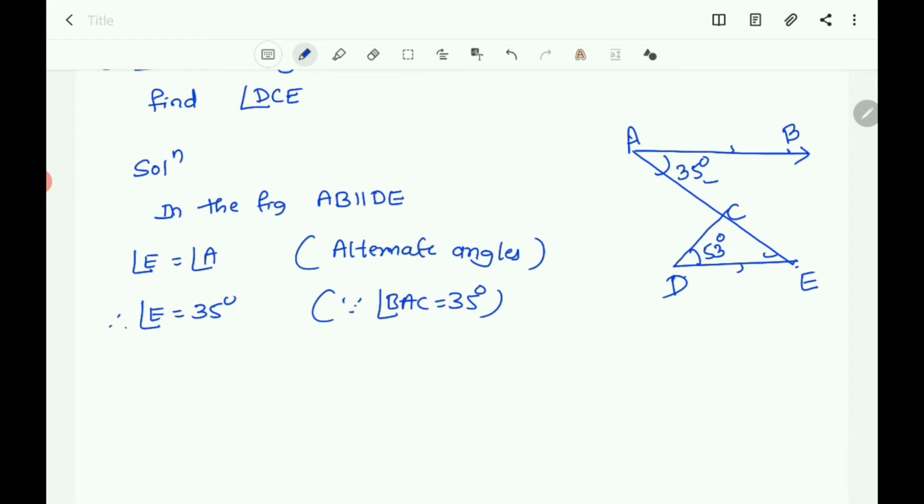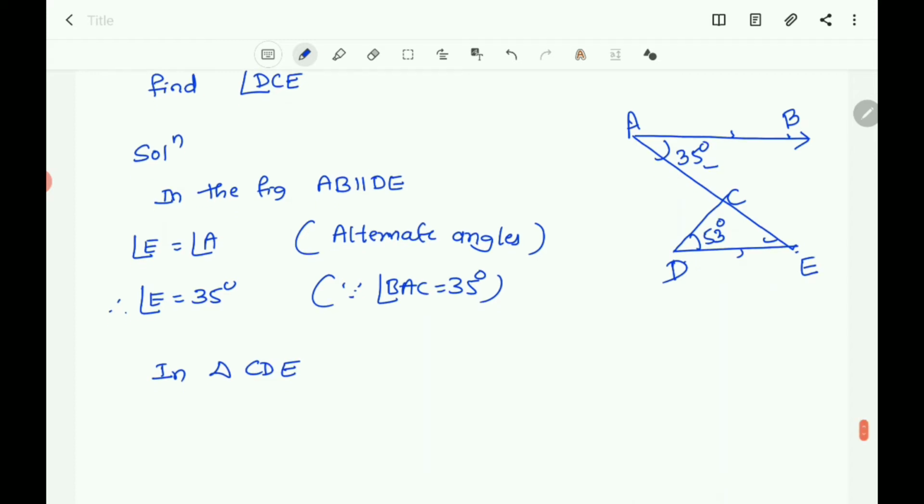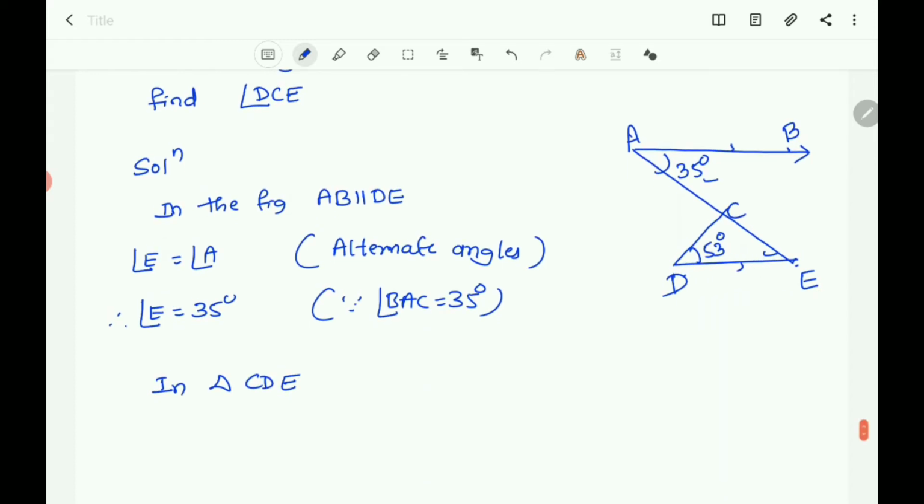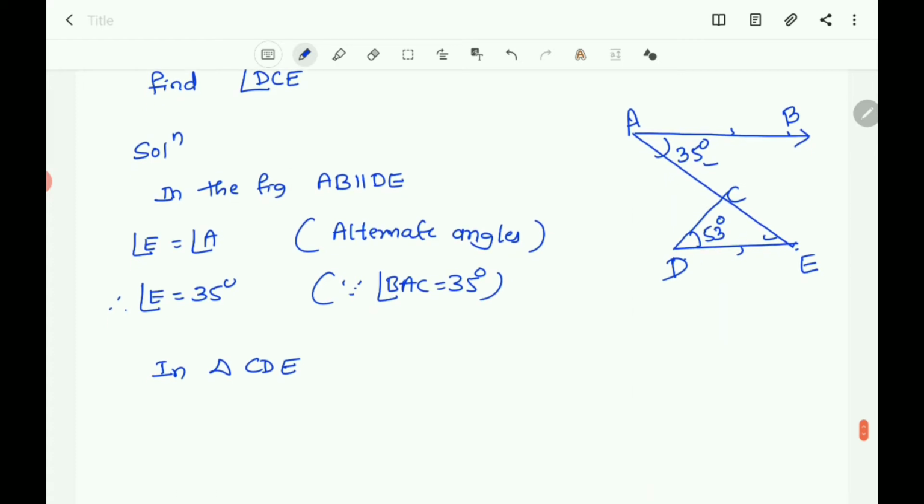Now you take the triangle CDE. In triangle CDE, you know that the sum of three angles is 180 degrees. Therefore, angle D plus angle E plus angle DCE is equal to how much? 180 degrees.